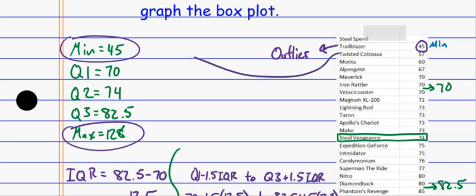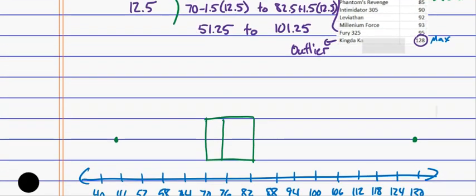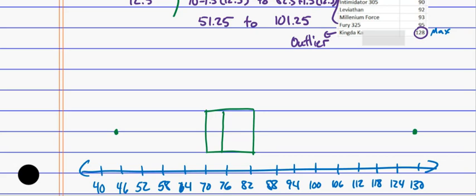On the bottom end, the next available value is the 57, and on the top end it's the 95. I plot those almost like my maximum and minimum values, the 57 right here and the 95 right here, and those are the ones I connect with the whiskers.